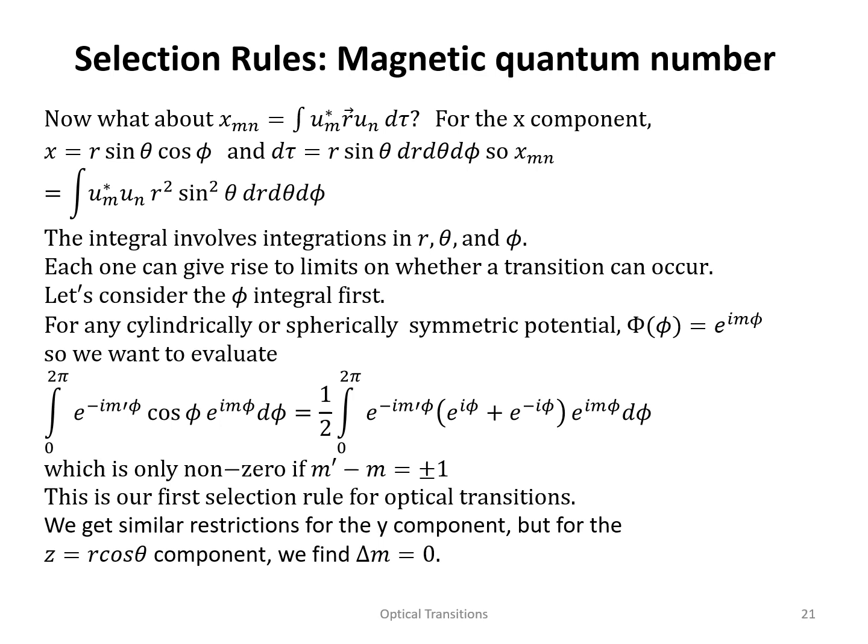So there's a selection rule for optical transitions for magnetic quantum number. Now, if the electric field is along the z-axis, then we find that delta m is equal to 0. So the overall selection rule for atoms is that the change in magnetic quantum number is allowed to be 0 or plus or minus 1.